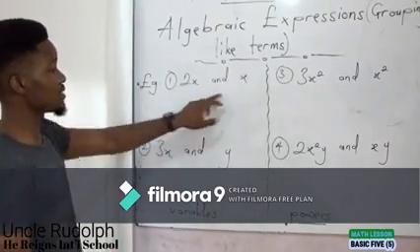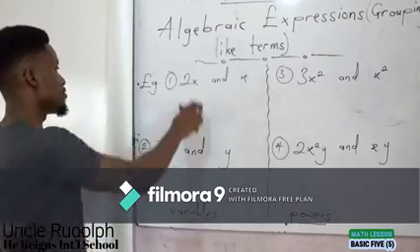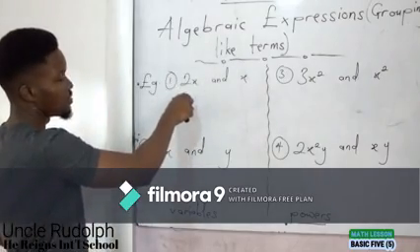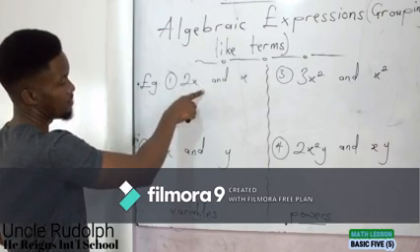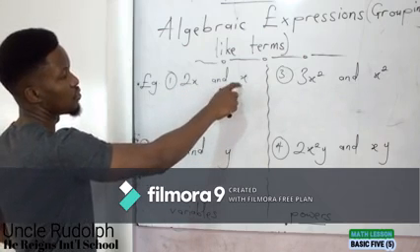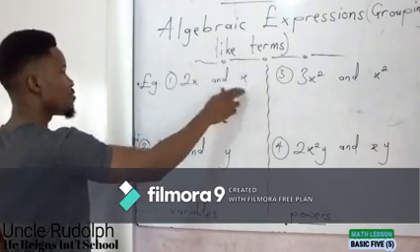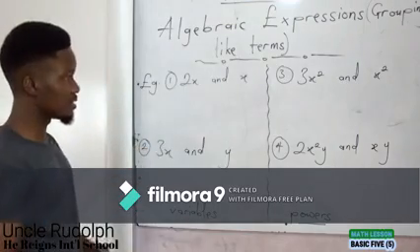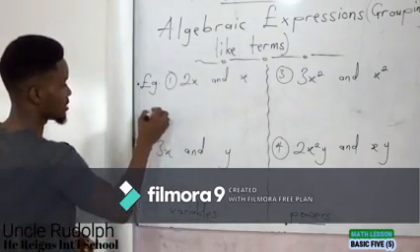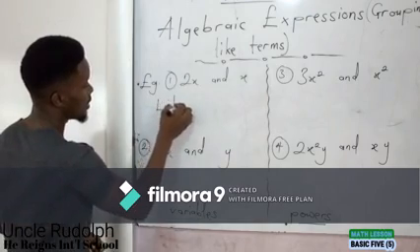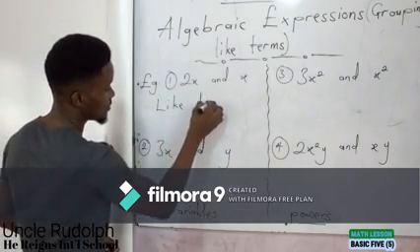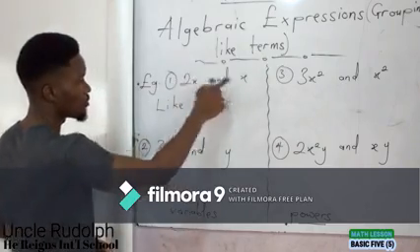We have 2x and x. If you take the first term, you realize that x is over here, and when you take the second term also, we have another x over there. So x appearing in both of them makes them like terms. So we can write under it that they are like terms, since x is common for the two.